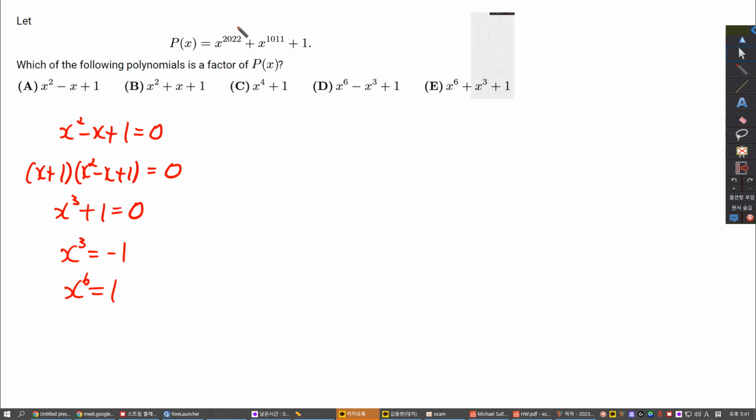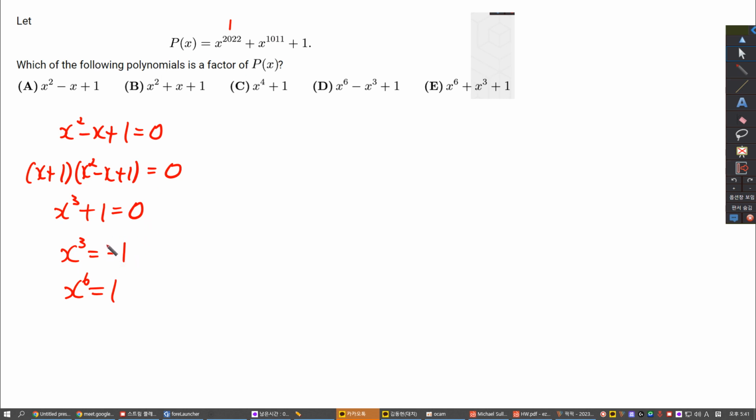So for the first one, 2022 is a multiple of 6. So that means this value will be 1, and for the second one, 1011 is a multiple of 3.